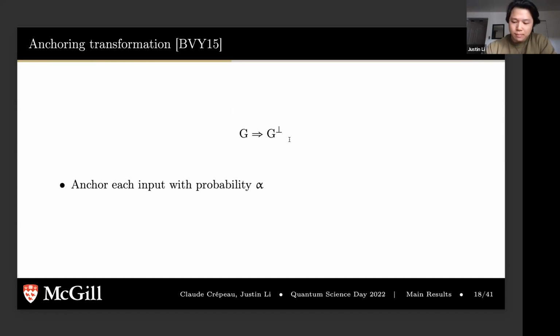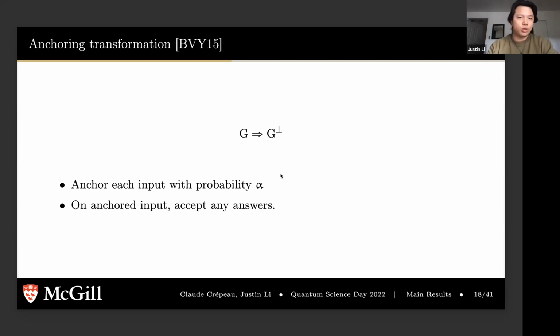And for each input that he samples, there's a probability that he will anchor the input, marking it as a special symbol like alpha. And if for any instance of the anchored game, the verifier has sampled an anchor input and given it to a player, no matter what answer the player answers back, the verifier will just accept that round of the game, meaning that the players will win the game for free for that round if there's an anchor input.